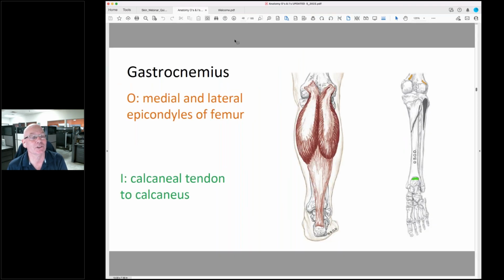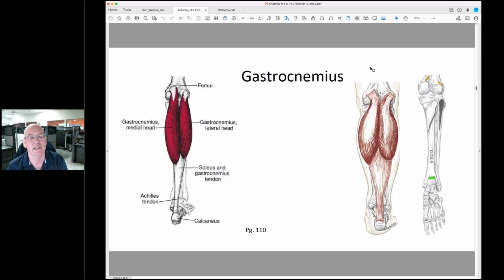I was talking like you were seeing this. So there's gastrocnemius, two heads. Once again, it shows exactly what I was talking about. The medial head and the lateral head, and then the Achilles tendon coming down. So my apologies.